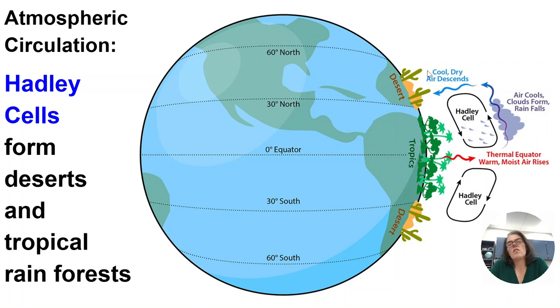And notice what we get at those 30 degrees north and 30 degrees south latitudes: we get deserts. That's why, when we look at our biomes, we tend to get deserts on our planet at 30 north and 30 south, and we get tropical rainforests at the equator. So this is a huge reason why we have the biomes where we have them.